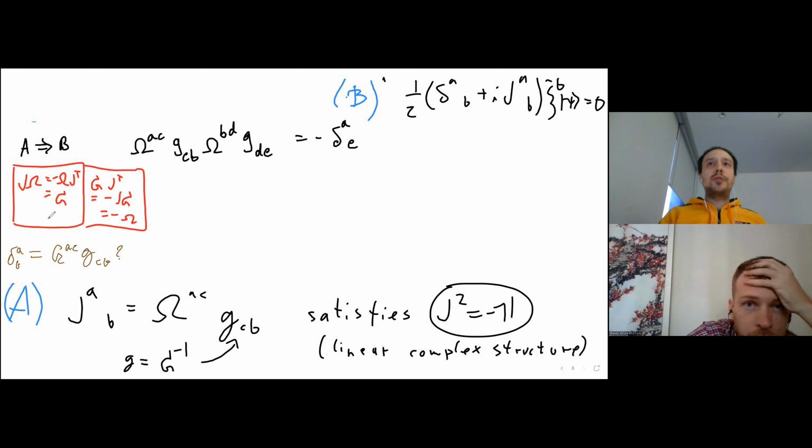See if you can extract that just from the fact that J squares to minus identity.